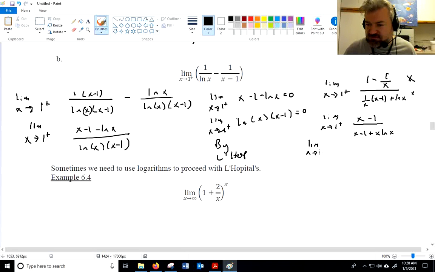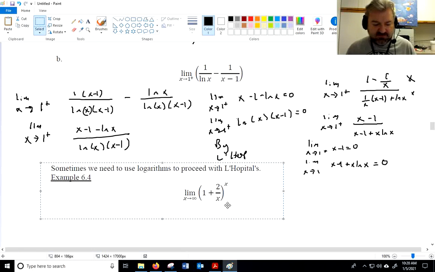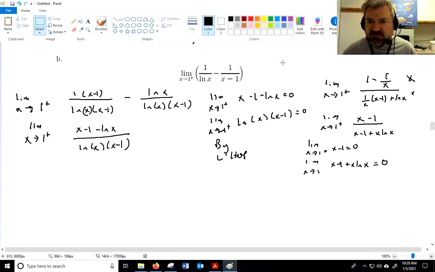The limit as x approaches 1 from the right of x minus 1 is definitely 0. The limit of x minus 1 plus x natural log of x is 1 minus 1 is 0, plus 1 times 0 is 0. So I can use L'Hopital's again.